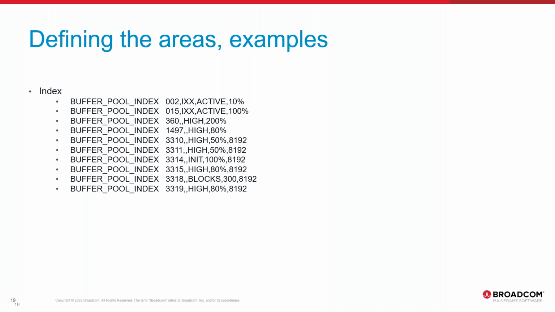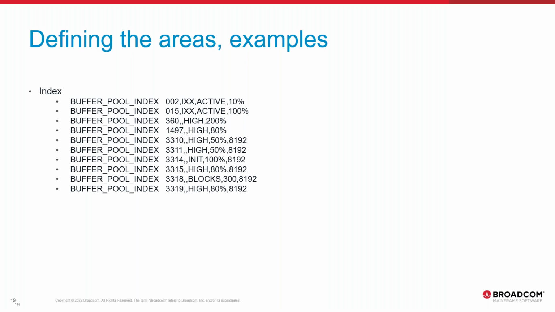So I tend to use comma personally, but some users will use IXX because they're more comfortable with it. But in any case, these are just examples of a QA test in particular. Sometimes they're high, sometimes they're init, sometimes they're blocks. It has to test everything. So this is some index examples.